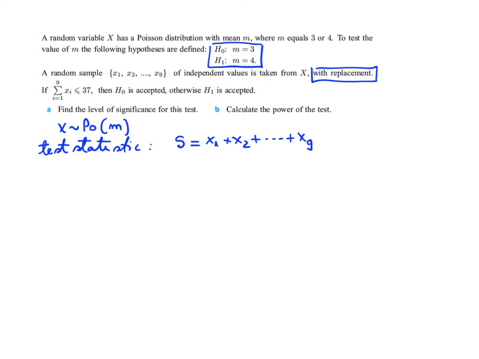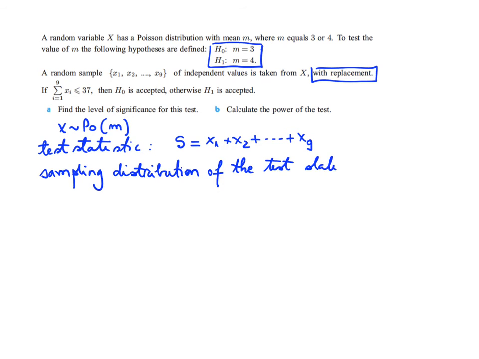The question is, what will be the sampling distribution of the test statistic? Because I want to see how odd or unusual this test statistic is when I do one observation.